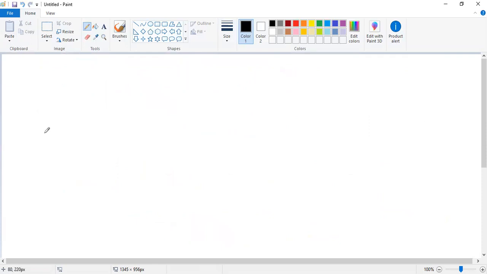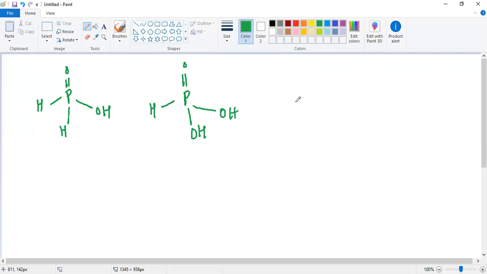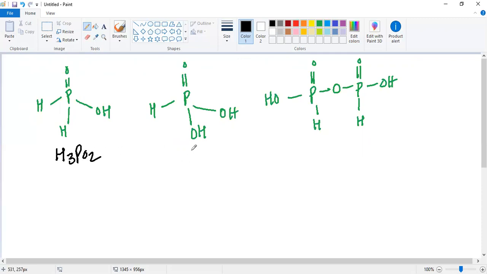Let us understand this with various examples. If we look into the structure of H3PO2, the same way if you look at H3PO3, or if you look at the structure of H4P2O5, this is your H3PO2, this is H3PO3, this is H4P2O5.